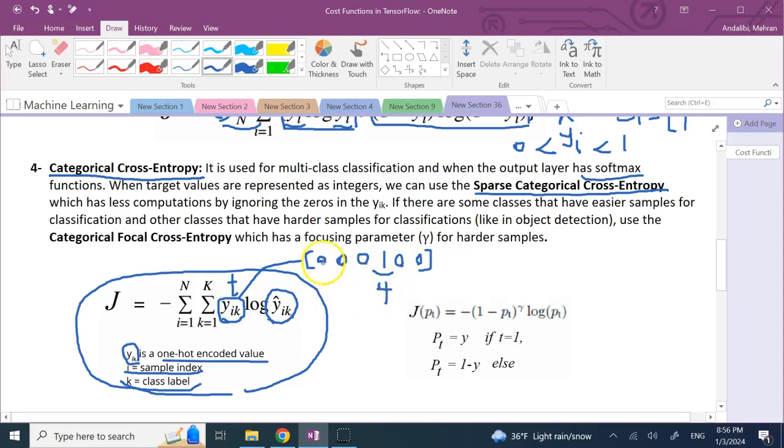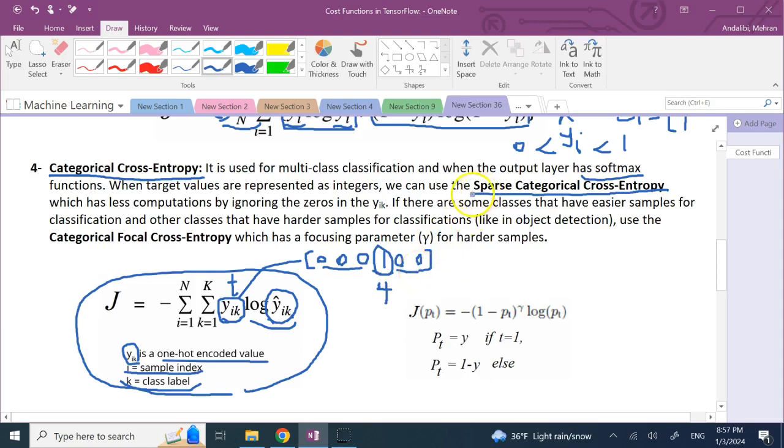So when you multiply these zeros by log of the predicted values for them, regardless of whatever this log of y hat ik is, when they are multiplied by 0, you get a 0. So the only one of these y hat ik's that is used is the fourth one, which is multiplied by 1. The rest of them will literally be multiplied by 0. They are useless.